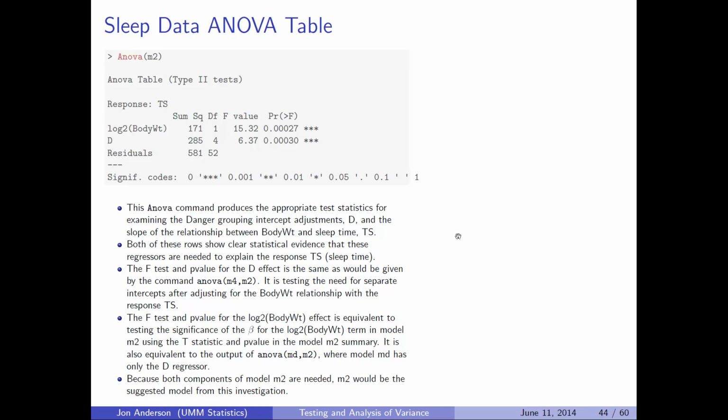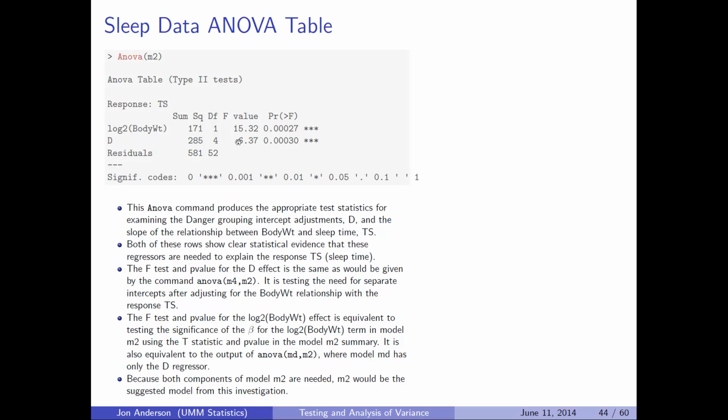And so what this table says is, if we thought about getting rid of separate intercepts, this factor variable for danger group, it is a very significant change, and we would really gain a lot by having separate intercepts. And so this separate intercepts is a very significant effect, as is the need for the log 2 of body weight in explaining time slept. So the second bullet here shows very clear evidence that both the regressors are needed.